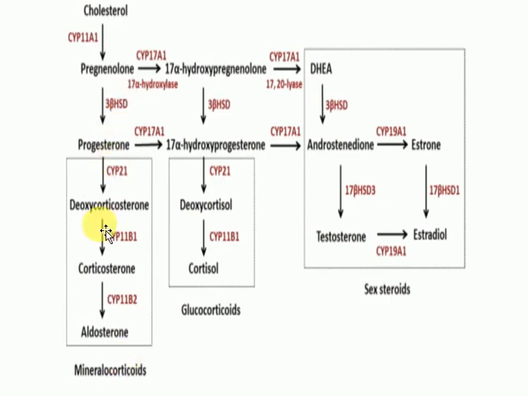This is because of the hydroxylation at C21, leading to these 21 carbon series products: the deoxycorticosterone, then the corticosterone, and aldosterone.